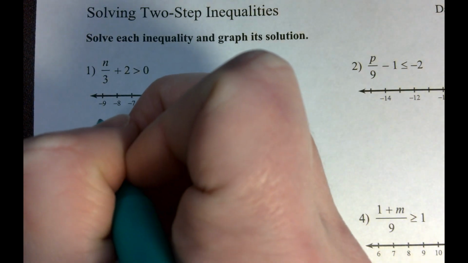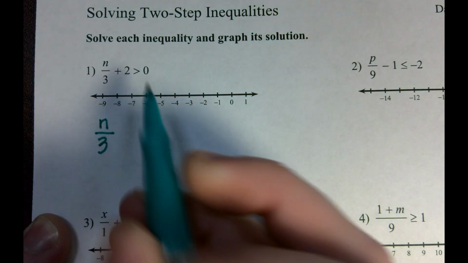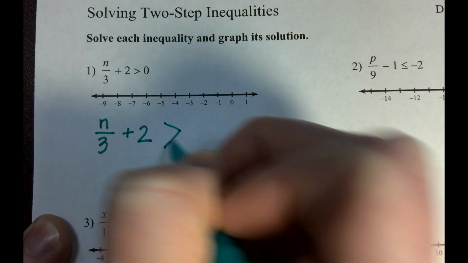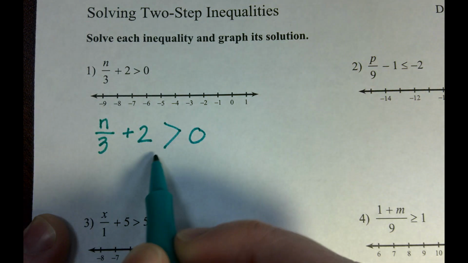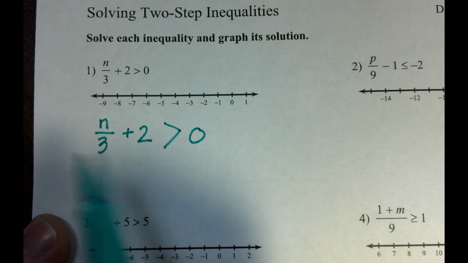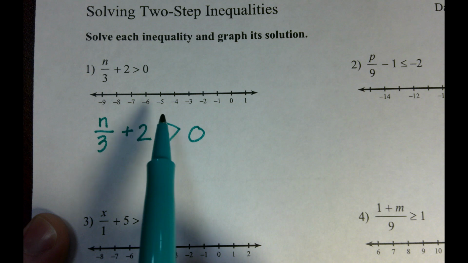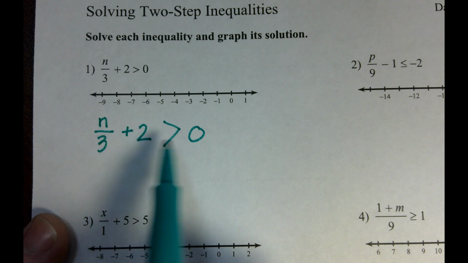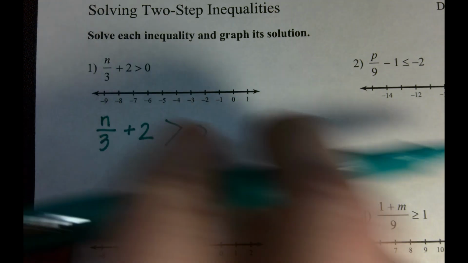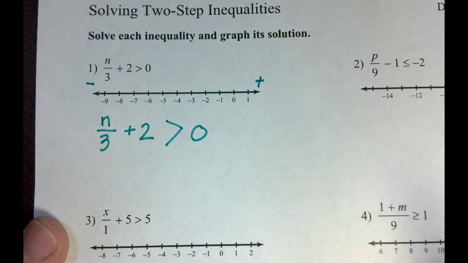So I'm going to write N divided by 3 plus 2, my symbol, and 0. And what symbol is this? Greater than. Remember, we go left to right. We are hitting the big open side first. Greater. It's also pointing to the right, pointing to where the numbers get bigger. So I like to put my little plus and minus just to remind me.